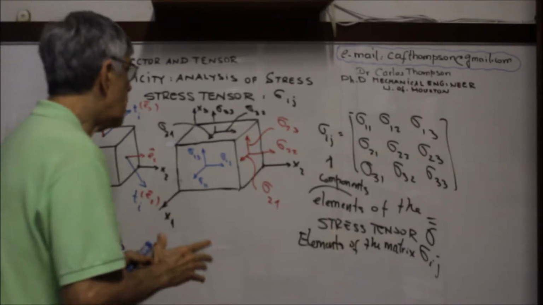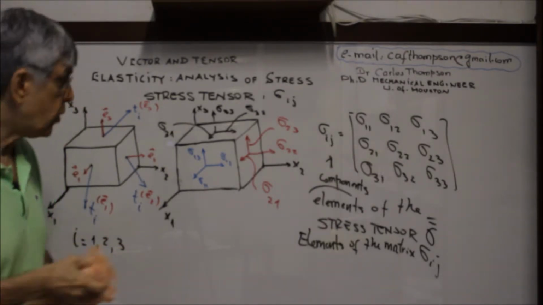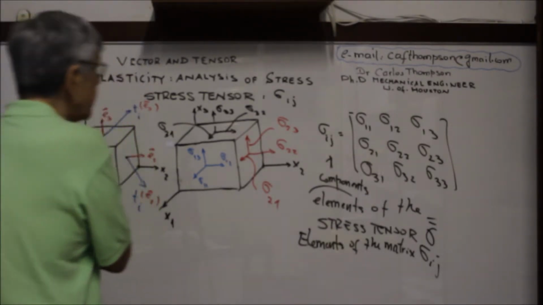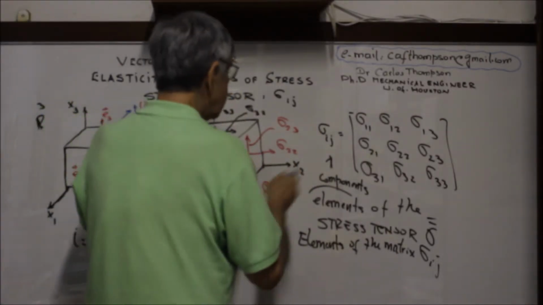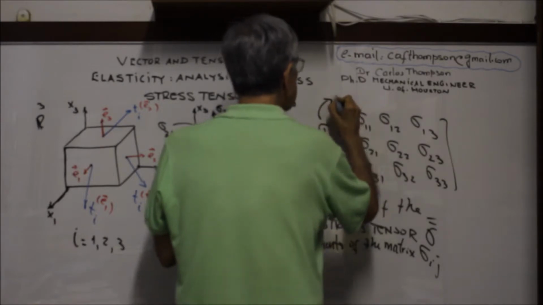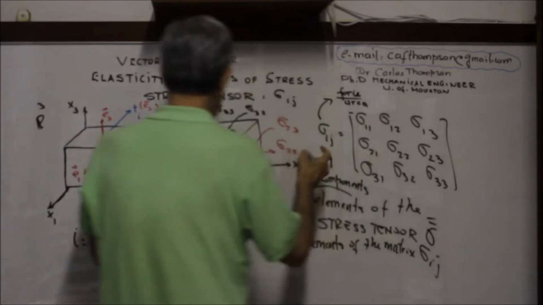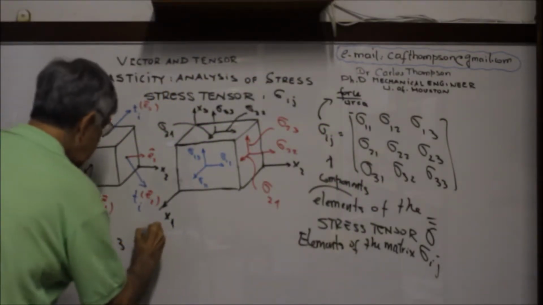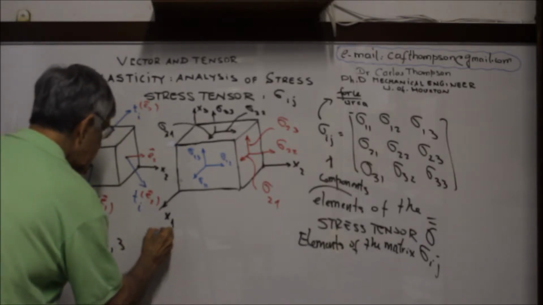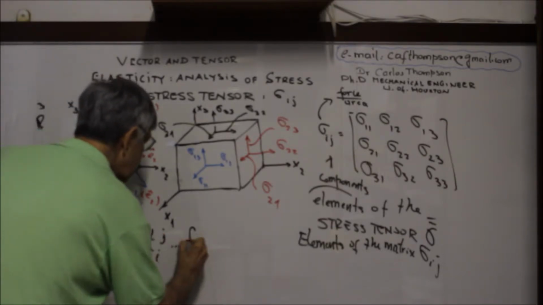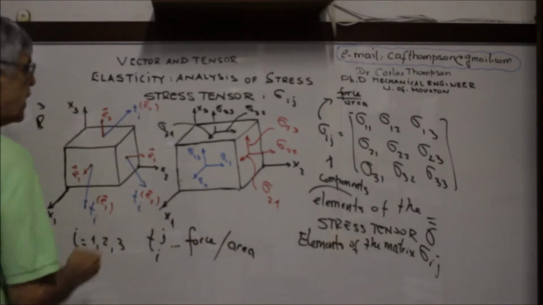Now don't forget, these are what we call surface forces associated with it. Don't forget that the dimension is force divided by area. See? Look, T_ij is force divided by area. That is stress.